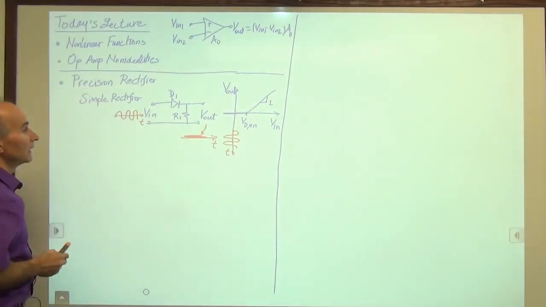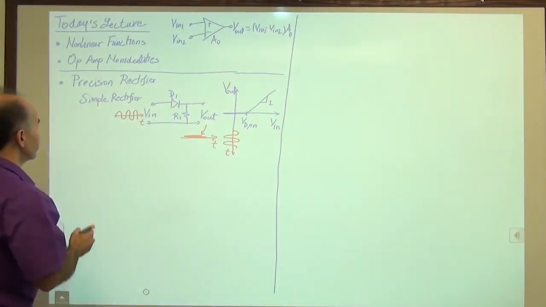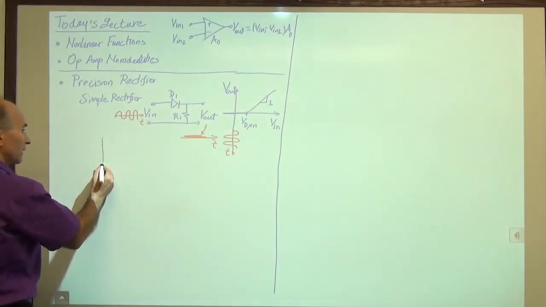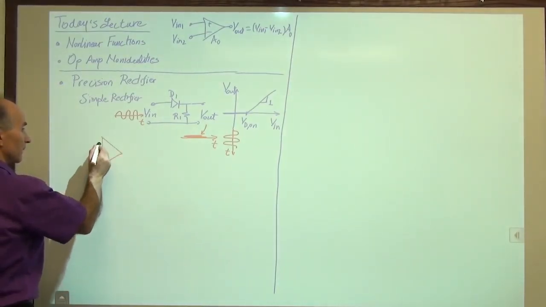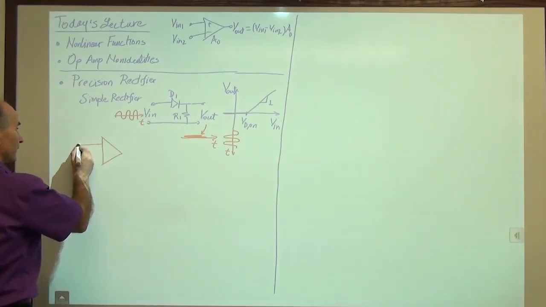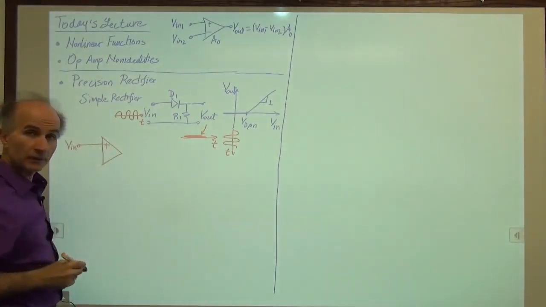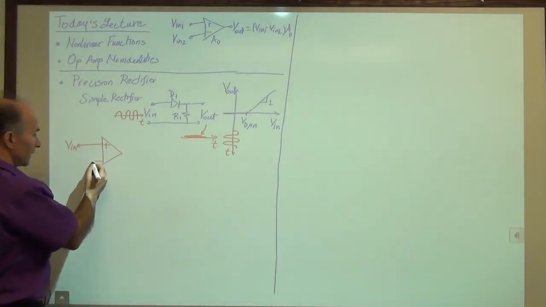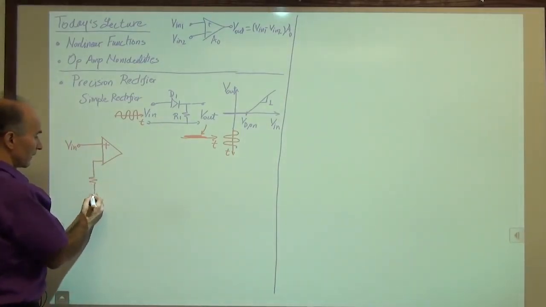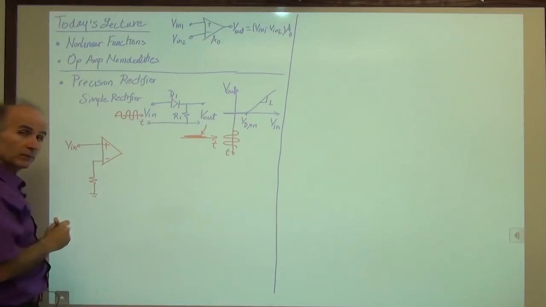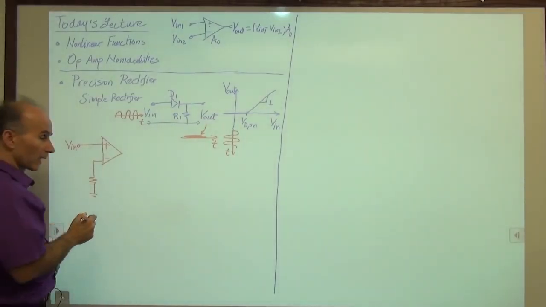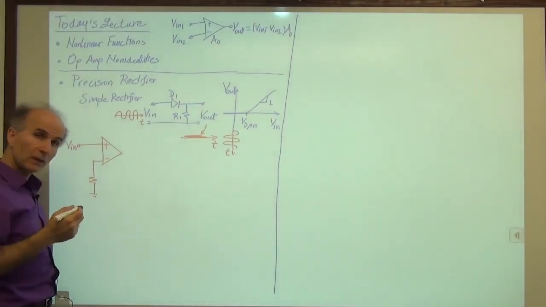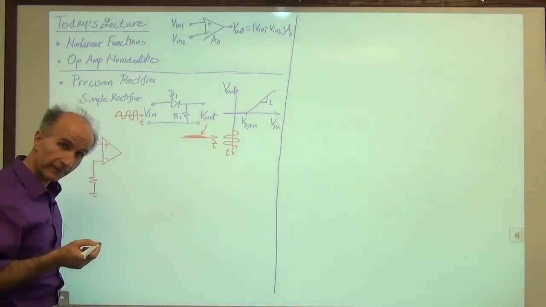All right, so let's see how we can do that. Okay, we'll take an op-amp like before. We connect our input to the non-inverting input. We connect a resistor from the inverting input to ground. This is sort of similar to the non-inverting amplifier.